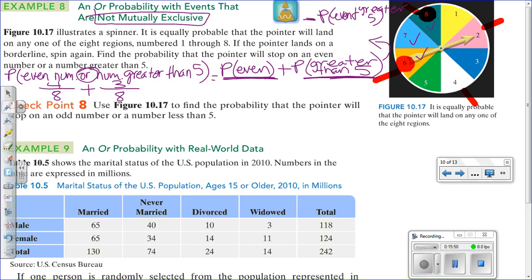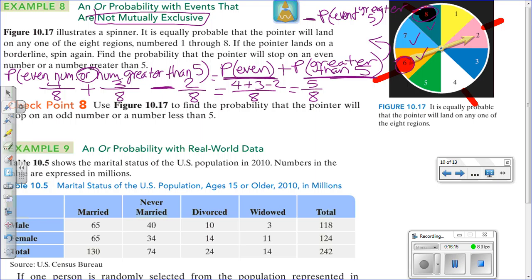So the numbers are 6 and 8. Those two numbers are even and also greater than 5. So 2 over 8. We have 4 plus 3 minus 2, everything divided by 8. That will be 7 minus 2 is 5. So 5 eighths.